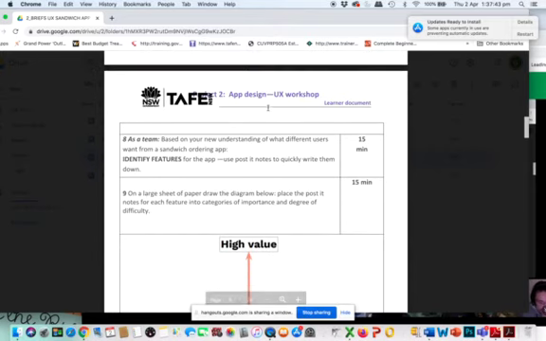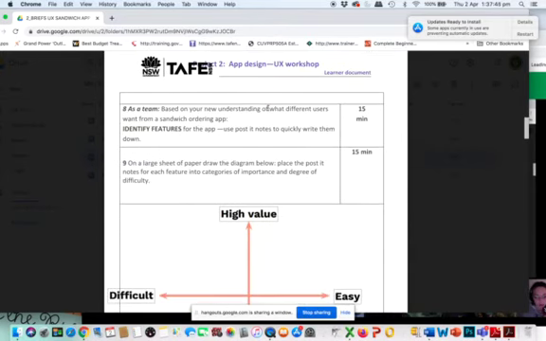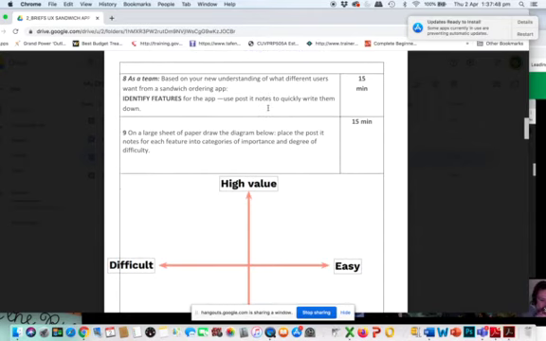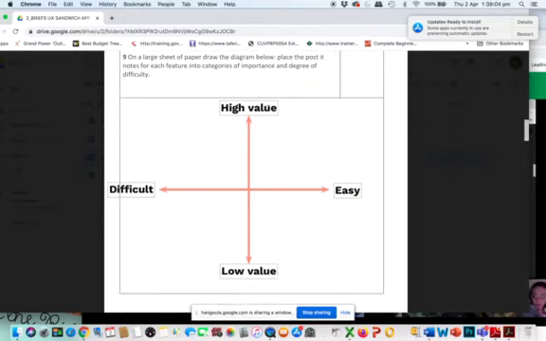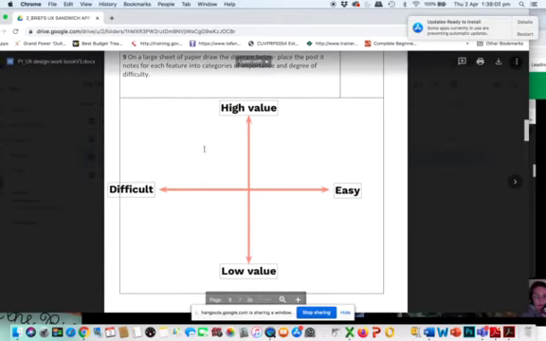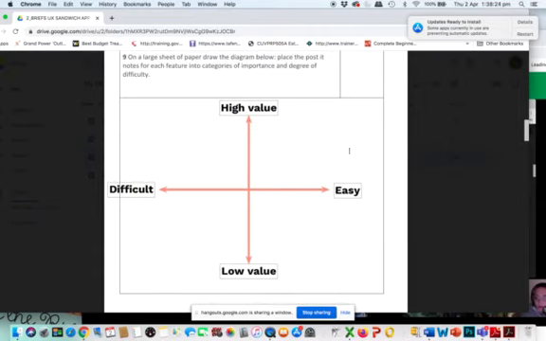Then you want to, again as a team, have a discussion, having defined those users, and we'll do this virtually, but you can do it at home just with sticker pads, post-it notes. You can do it just with that, where you class the functions you think they need into really important, and you can just draw this up or put it on your wall even with sticky notes and have the ones that you think are really important up higher and the ones that are easy to make in this corner.